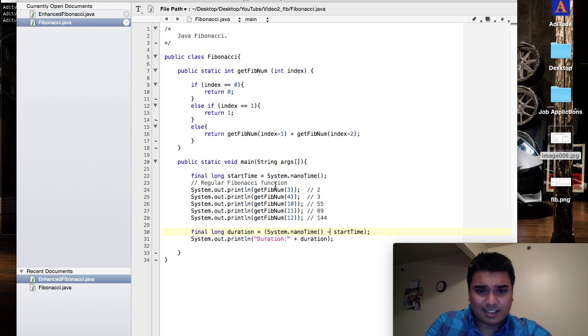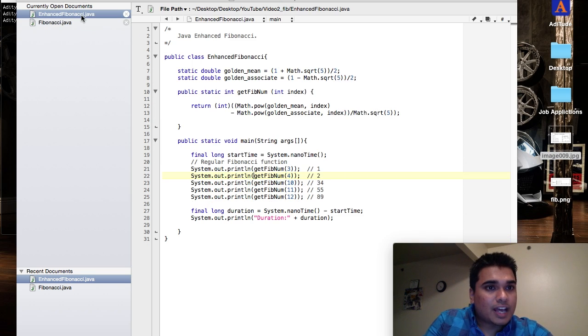And again, calculating the time in nanoseconds. I don't think we would have required nanoseconds, I guess microseconds would have done in this case, but it's never too bad to use nanoseconds.